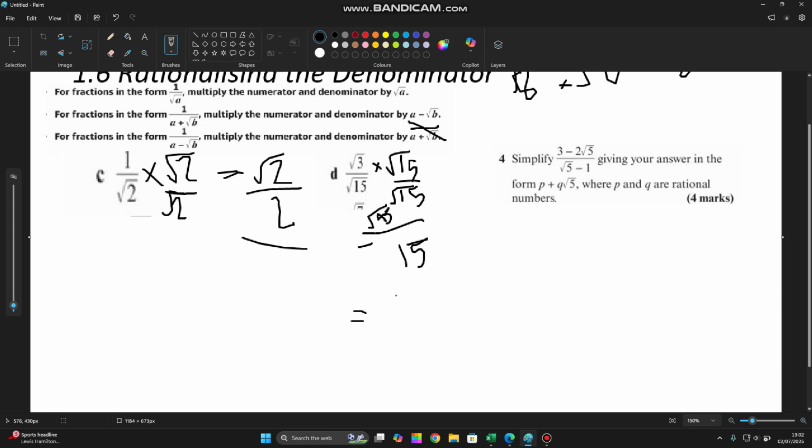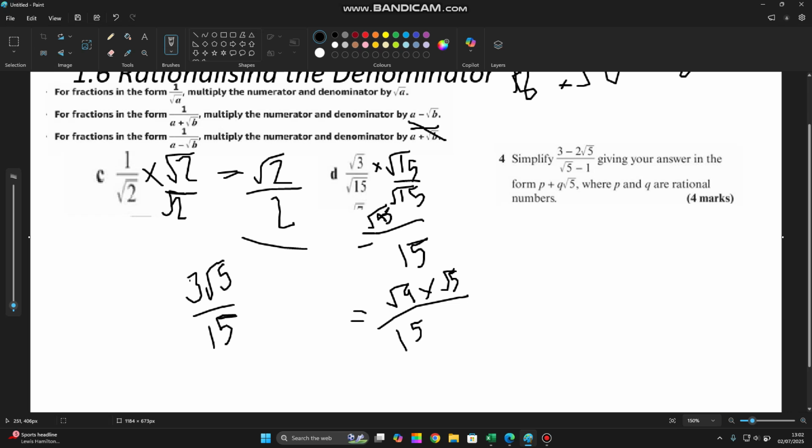So we can also simplify that as root 9 times root 5 over 15. And we know that root 9 is just 3, right? So we can also rewrite that as 3 root 5 over 15.